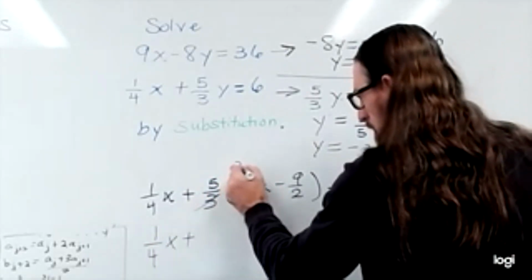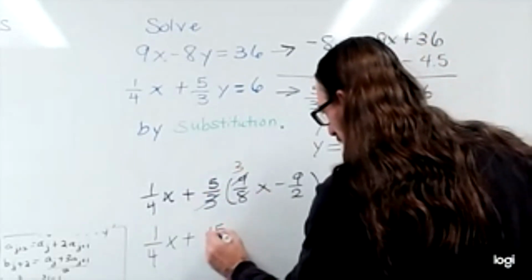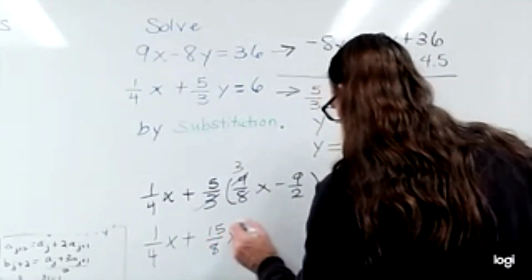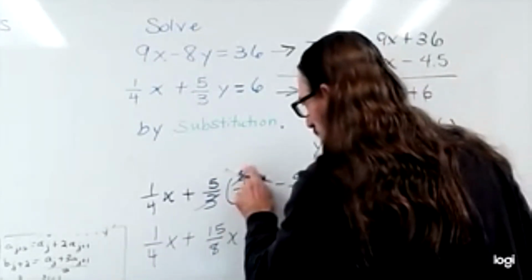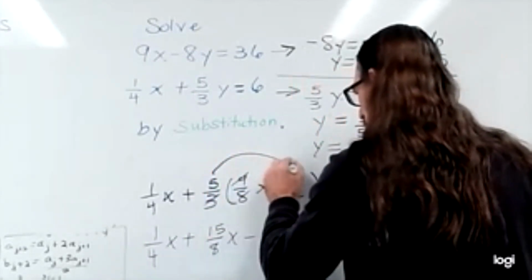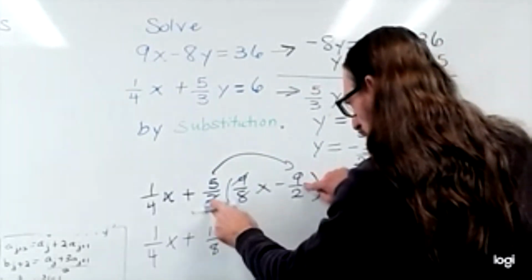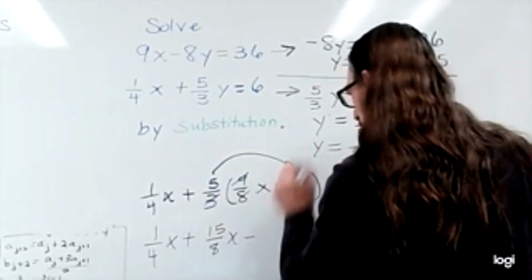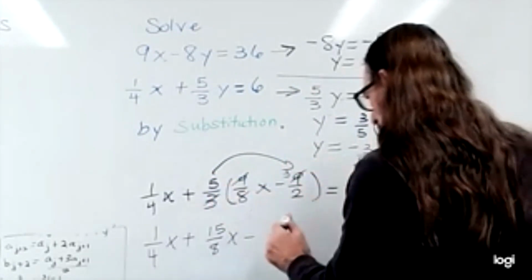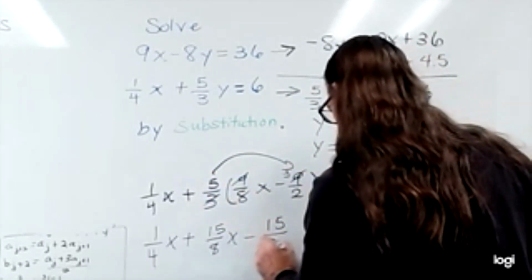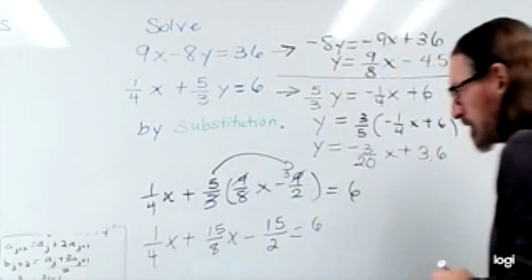So it's going to give me 15/8 x. Now I still have to distribute the 5/3 to the minus 9/2. I'm going to do the same thing with the 3 into the 9. So 15/2 there. That equals 6.